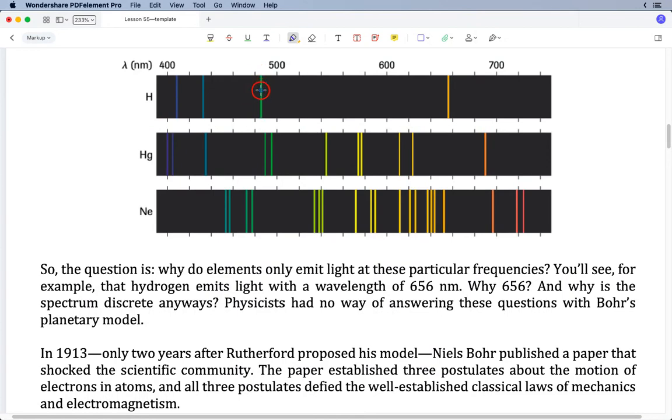Let me just check my notes here. Yeah, so whenever you work out the answer to the example in this handout, you'll find that the wavelength of the photon that's emitted whenever the electron moves from the fourth energy level to the second is 486 nanometers, which is this line right here.